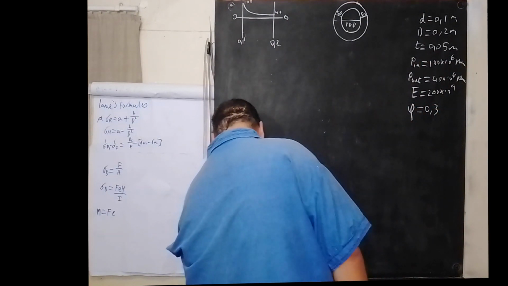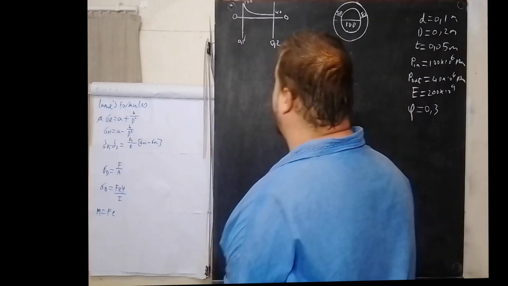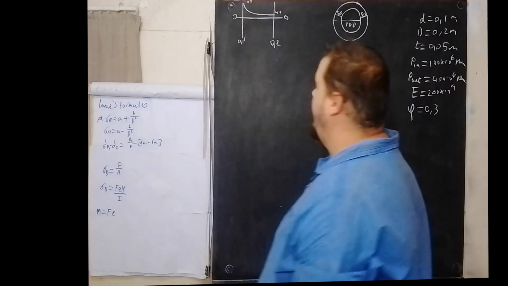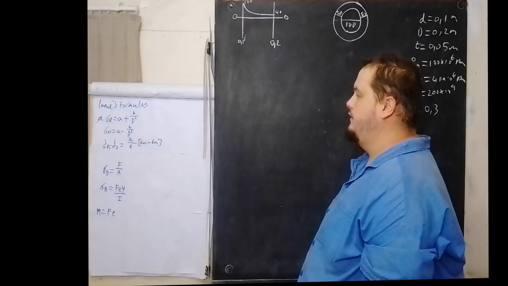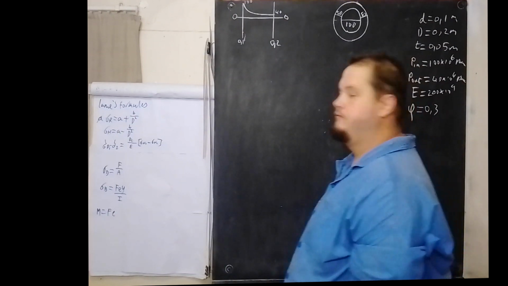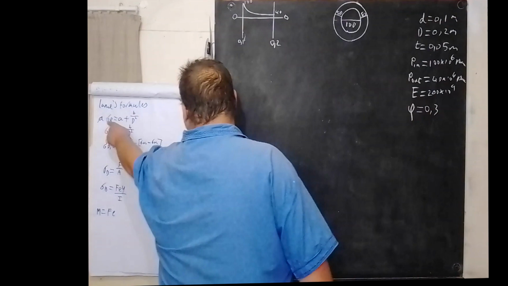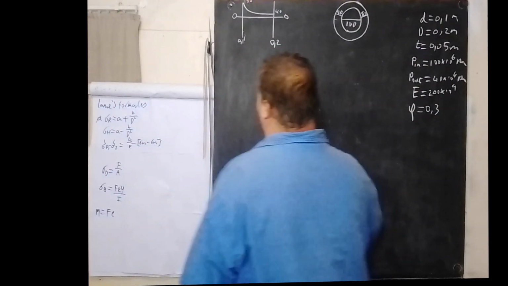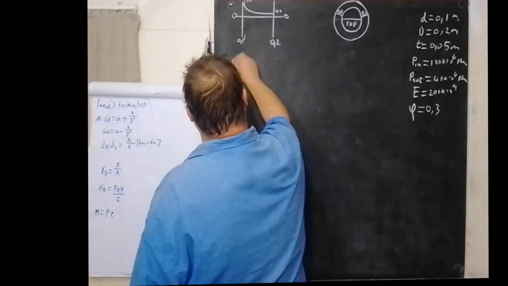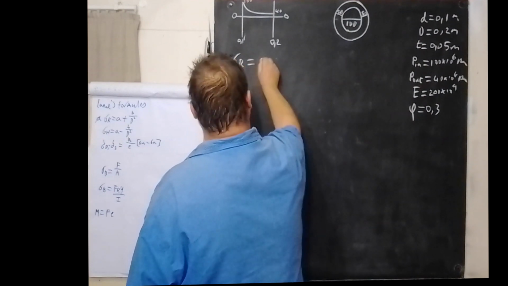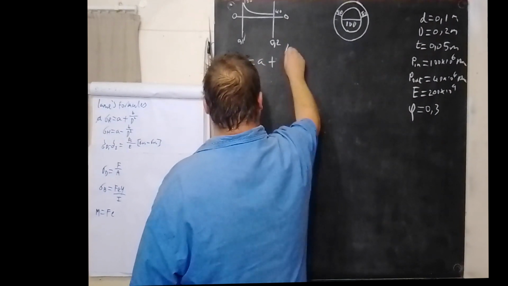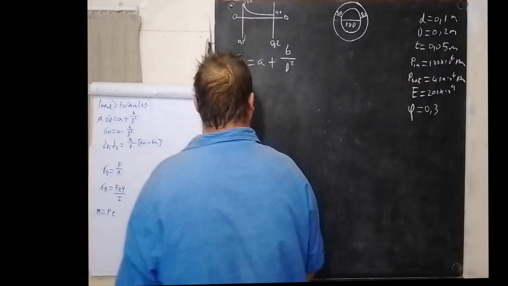First things first, we need to use our radial stress formula, which is right here. They're part of Lamé's equations. So, σr equals A plus B over D squared.